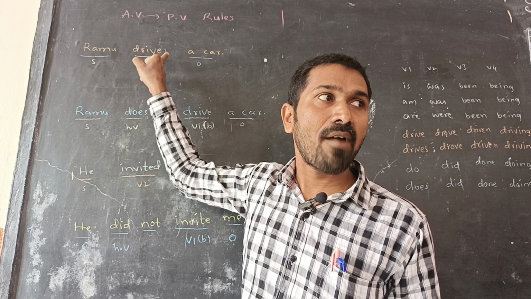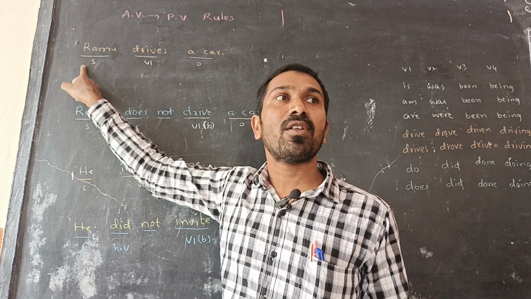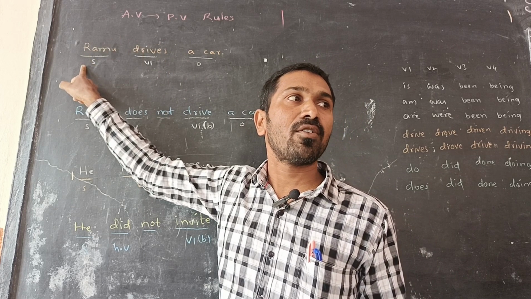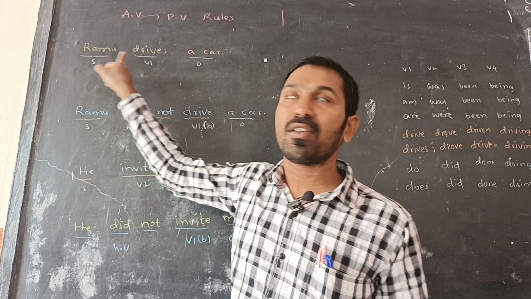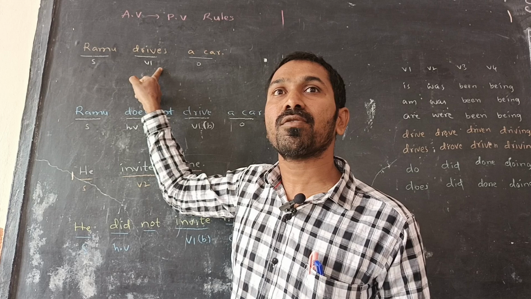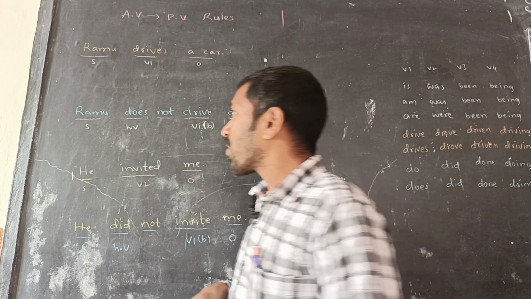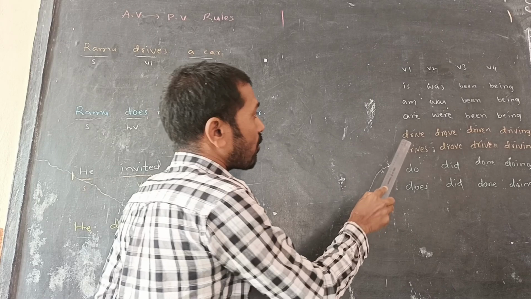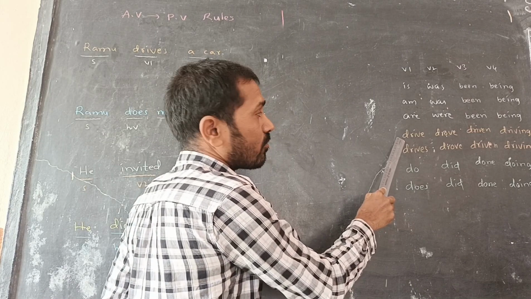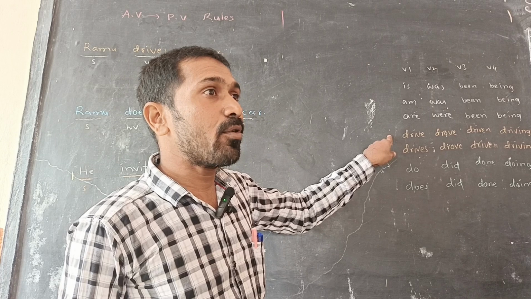V1 means we have to write s or es, because Ramu is third person singular. So you have to write s or es to the verb. That means that verb will become singular. When there is no s or es to the verb, then it will be plural.